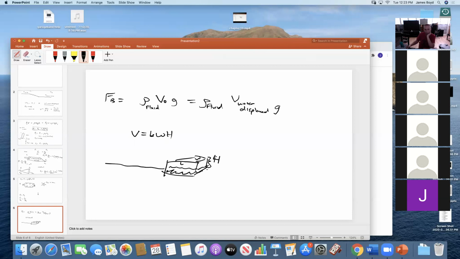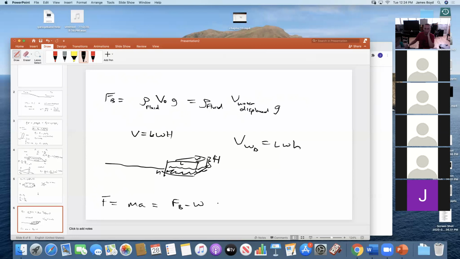But the amount that's submerged, the volume of the water displaced, is L times W times little h, where this is little h, okay? And the force acting on this, which is ma, is equal to the buoyant force up minus the weight down.